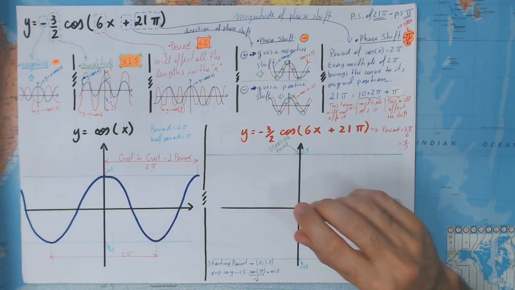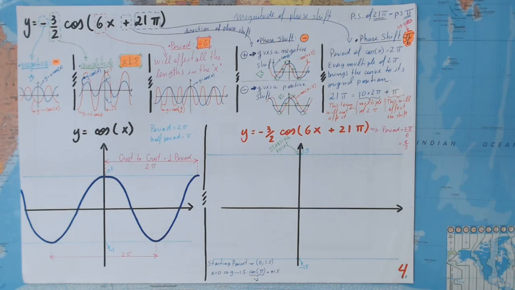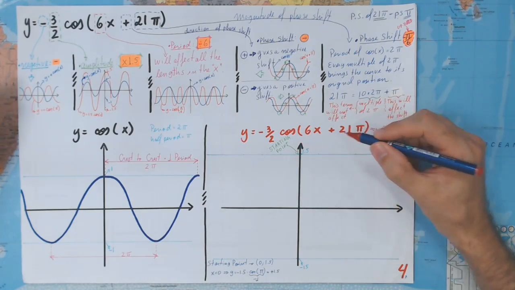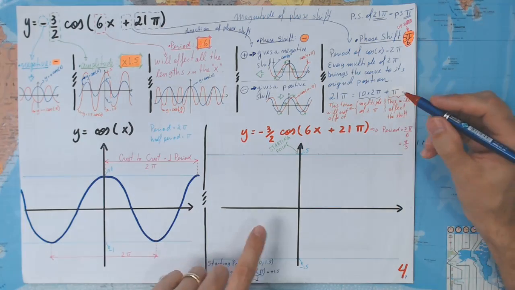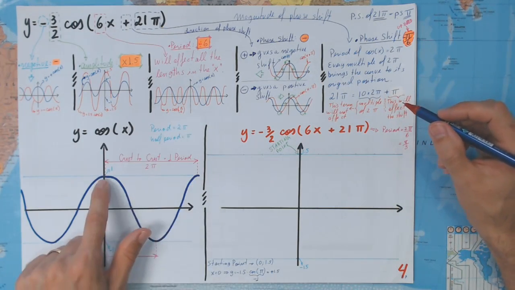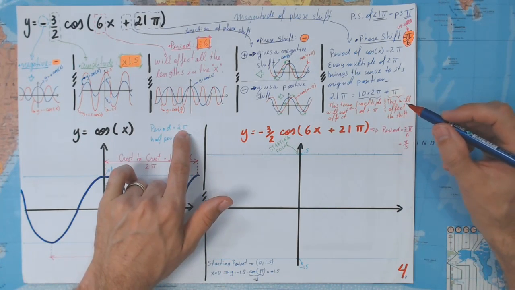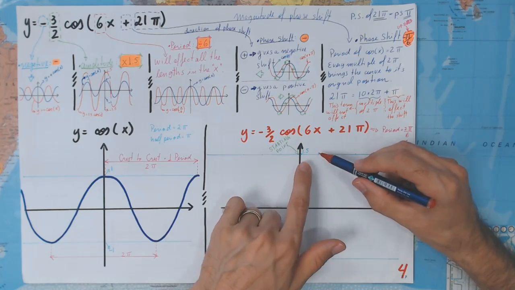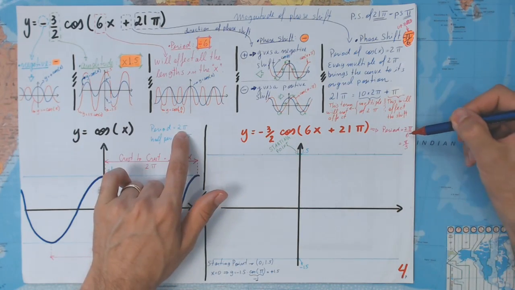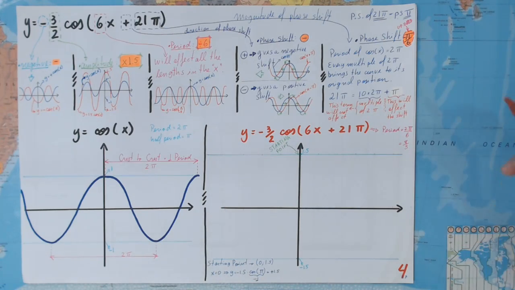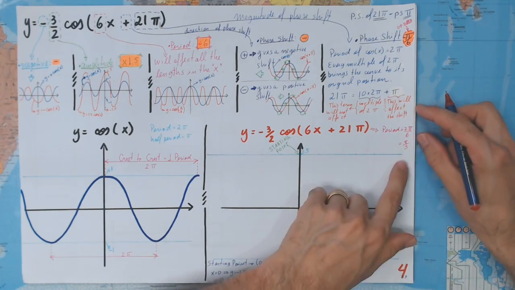Okay? Now, let's draw our crests in green. Let's draw like this. Our crests are going to be marked with a red circle. From crest to crest, it is a period. The period is 2 pi in here. Therefore, the period in here is going to be 2 pi divided by 6. Everything is shrunk by 6. Now it is going to be pi over 3.